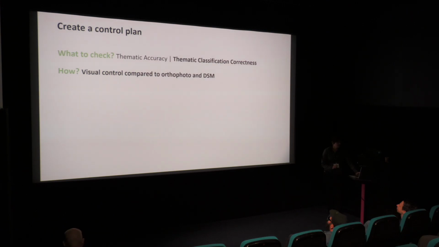Then the question is, how many polygons do we need to validate to be statistically significant? First, we found the total number of polygons in each class just by using the feature count in QGIS.